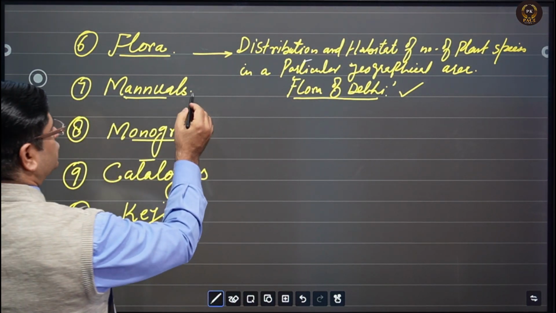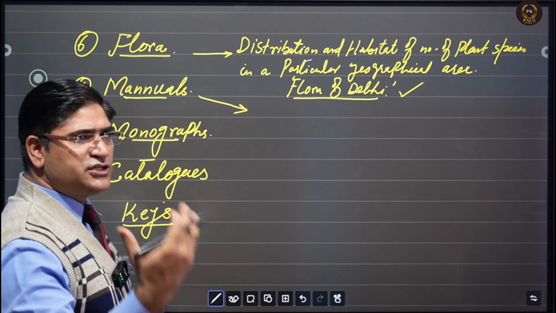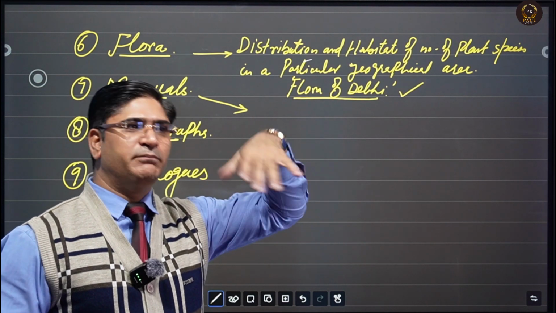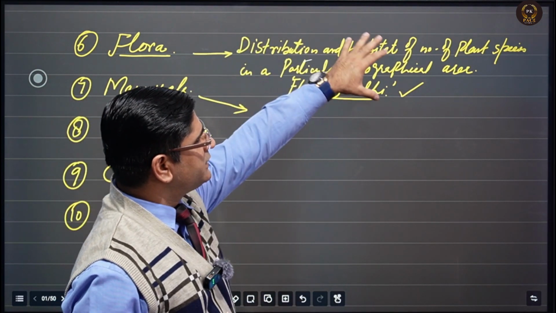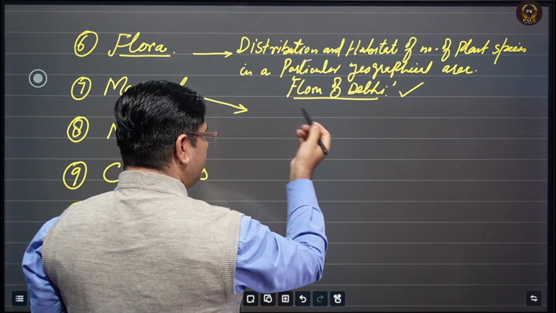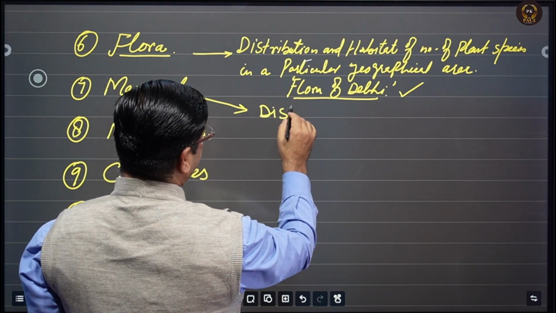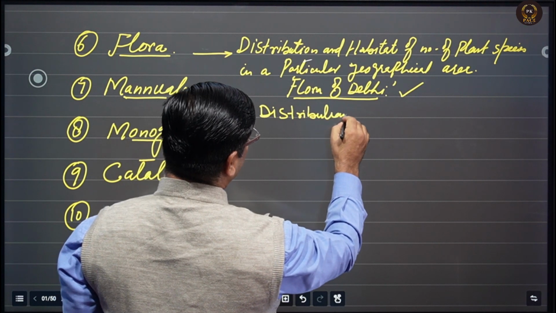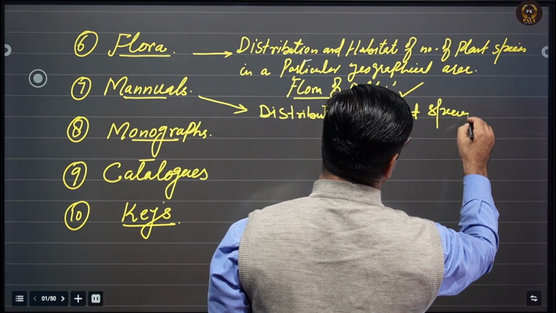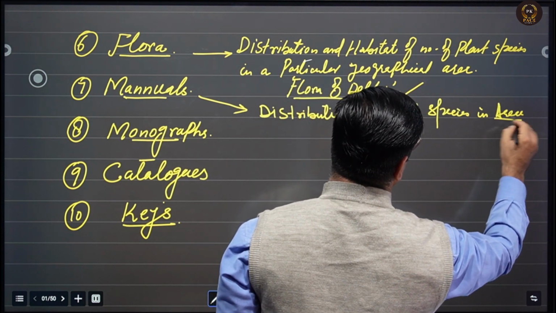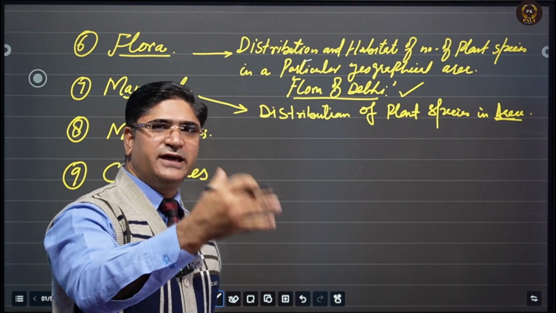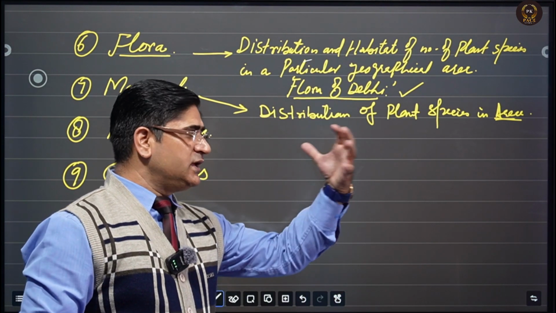In the same manner, imagine there is another book which is like the flora, but it does not give the complete information that the flora gives. This book gives only information about the distribution of plant species in a particular area, where these different types of plants are available and growing.